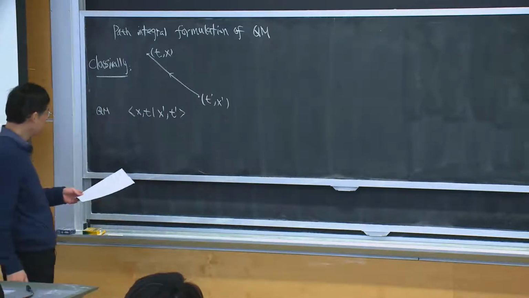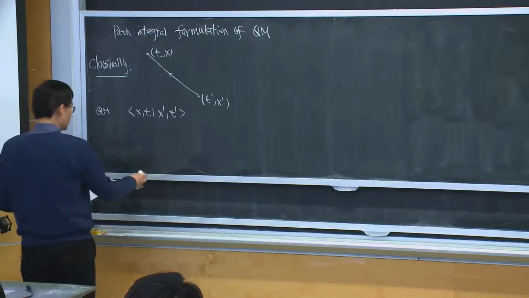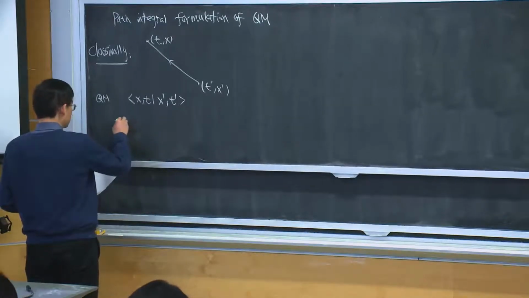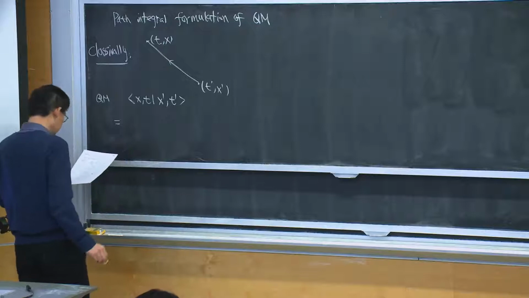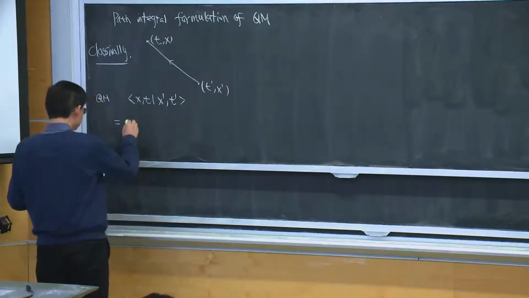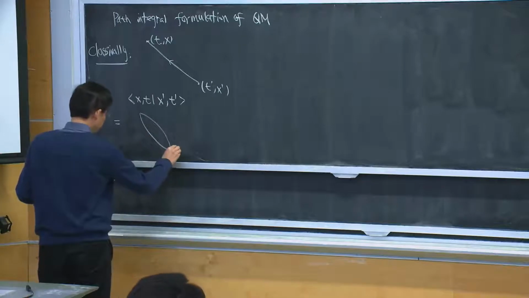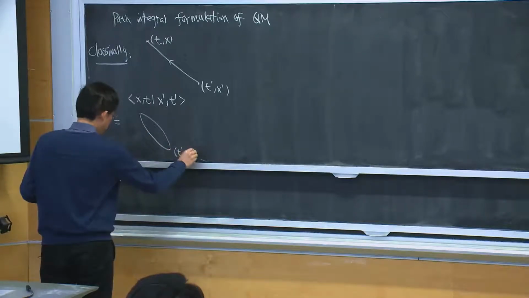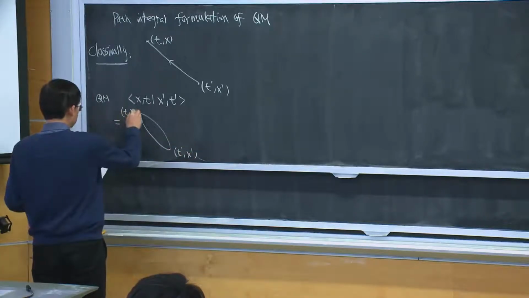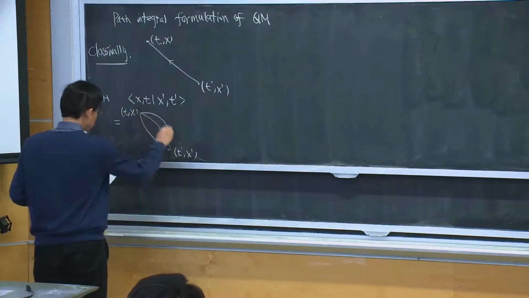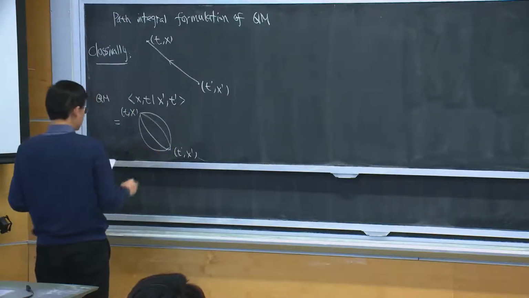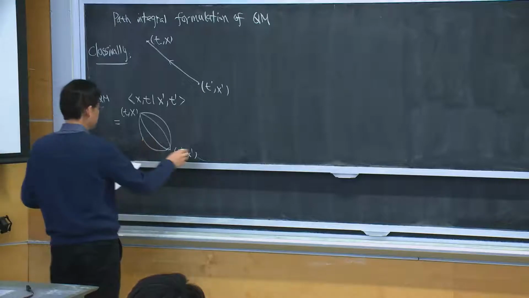And the answer for this question is, you just sum over all possible paths between (t prime, x prime) and (t, x), with some weights.